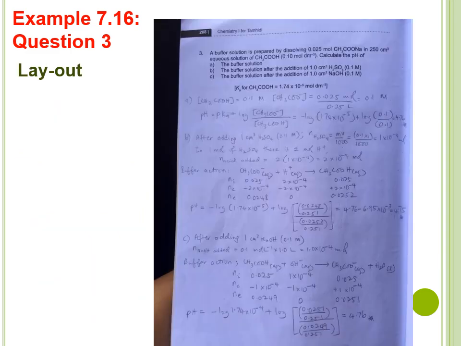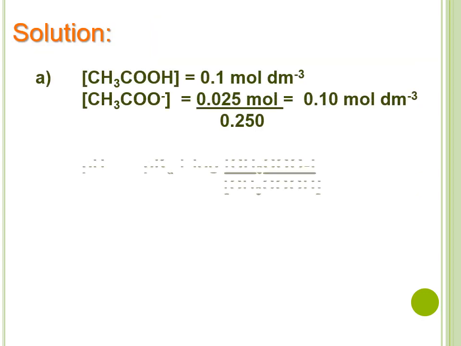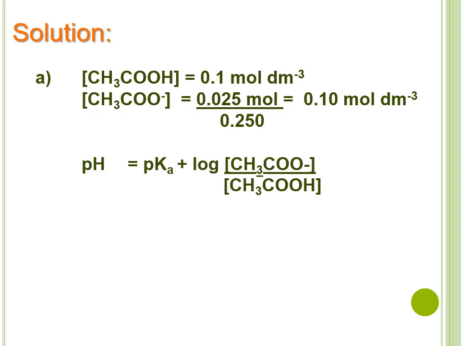Here is the layout of our page 208. There's so many things to write, so let's go one by one. If you are still clueless on what is going on here, you should focus on calculating the pH of the buffer solution first. The buffer solution consists of the mixing of two solutions, the acetic acid and the sodium acetate.